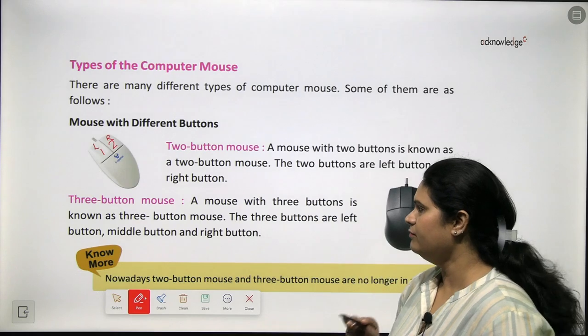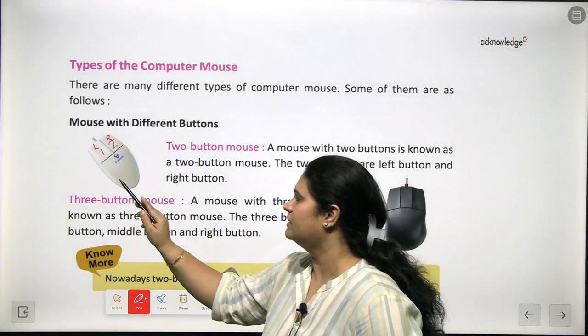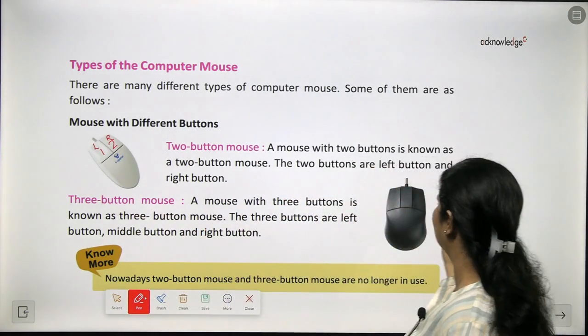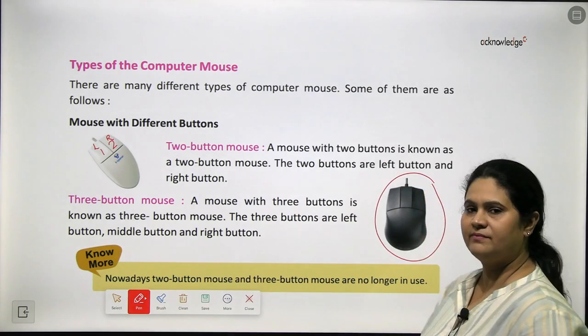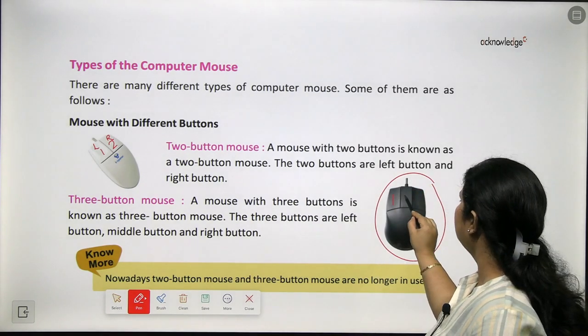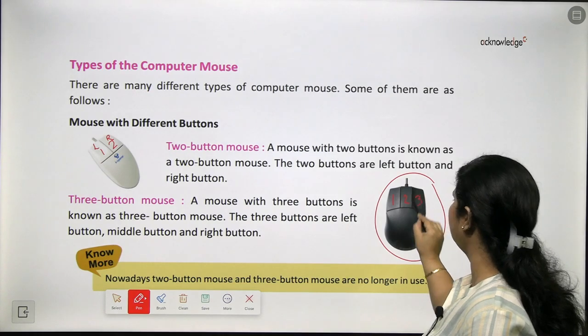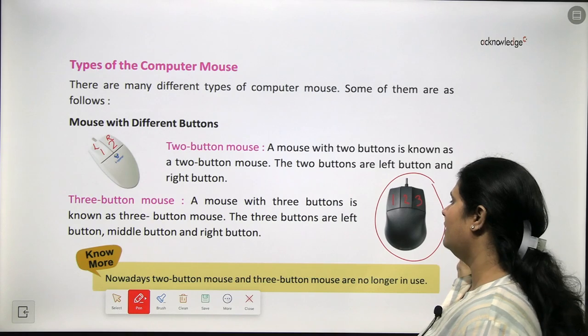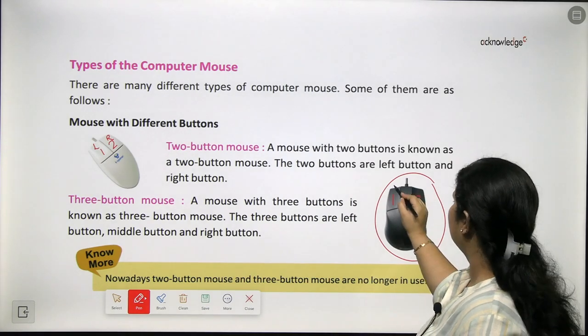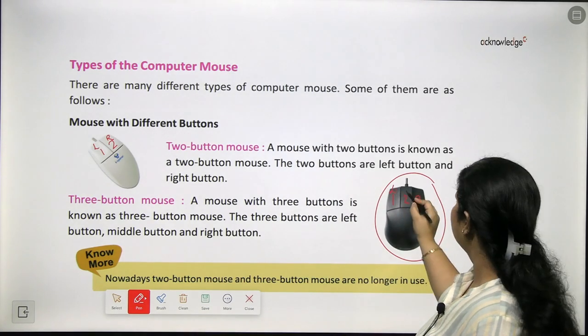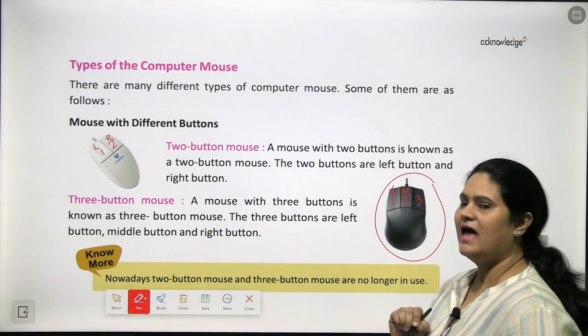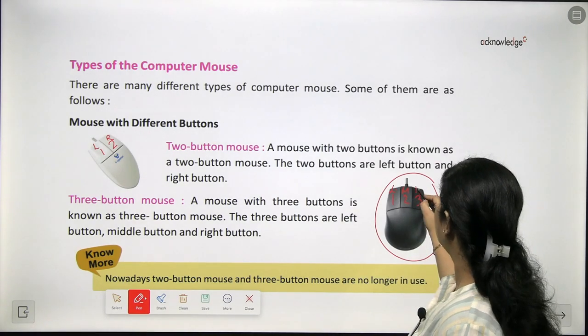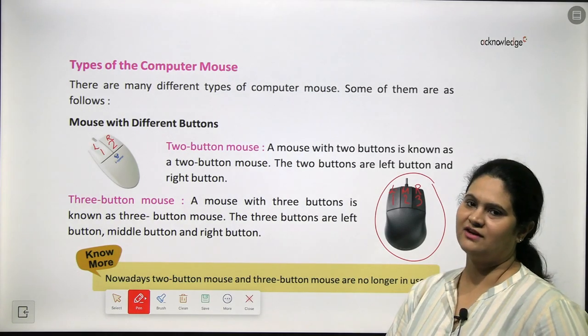Understood? Same way, we also have a 3-button mouse that looks like this, right? Button number 1, 2 and 3. These are the 3 buttons that are there on our mouse. And these are the left button, the middle button and the right button, correct?